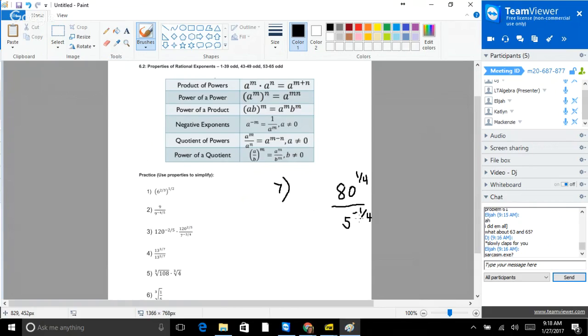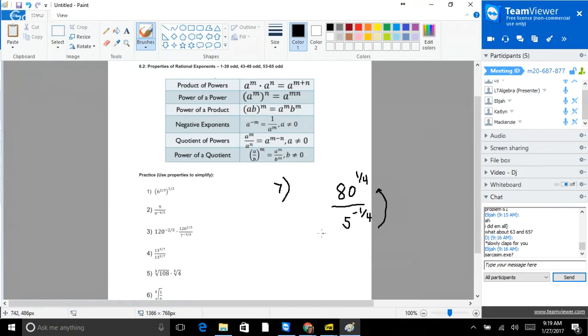So where I would probably start is I would flip this negative exponent to the numerator first. Okay, so what I mean by that is whenever you have a negative exponent, you can rewrite it as a positive exponent by flipping from the denominator to the numerator, or if you have a negative exponent up in the numerator, you can flip it to the denominator.